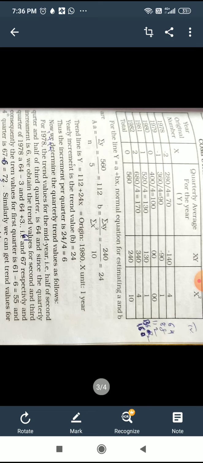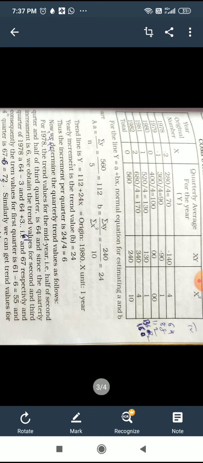After calculating this x value we will convert the quarterly values into the quarterly average for the year. First we add all four quarter values for the year 1978. The total is 280, and we divide by 4 and get 70. Like that, for each year we convert the quarter values into a year value by adding the 4 quarter values and dividing by 4.